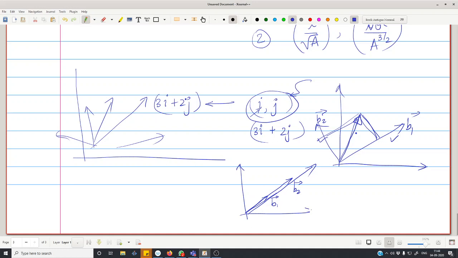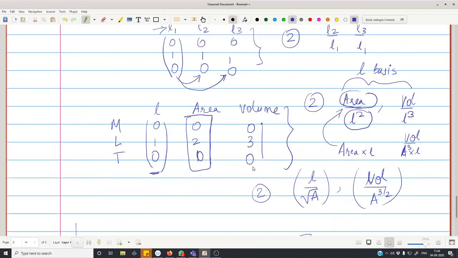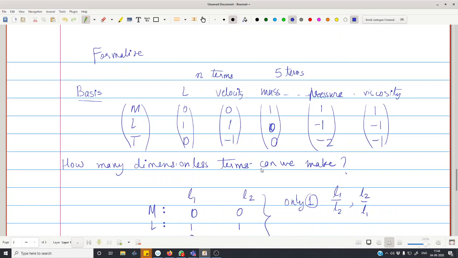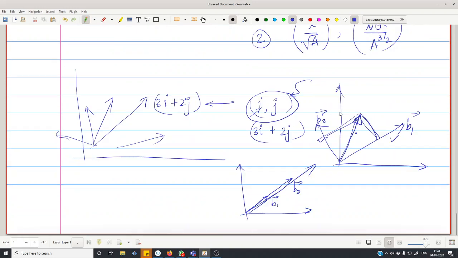In order to obtain the basis, I must find linearly independent terms which will help me represent other terms as a linear combination of the others. It is best done through an example.